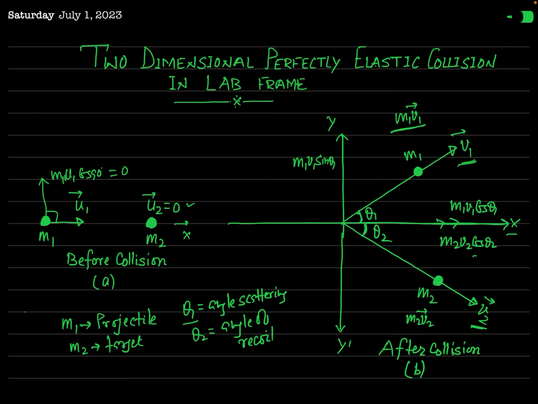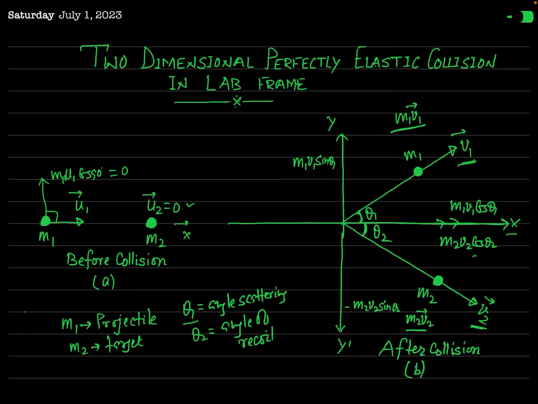And similarly you can see the y component of the momentum of the target after collision, that is the y component of the momentum m2 v2, this will be what? This is in fact m2 v2 sine theta 2.